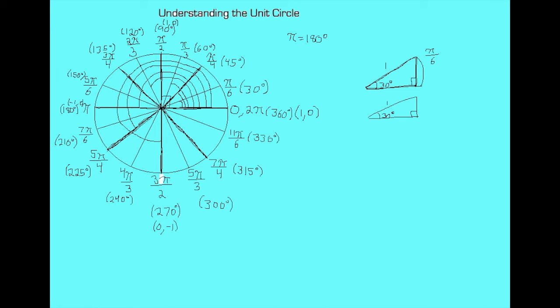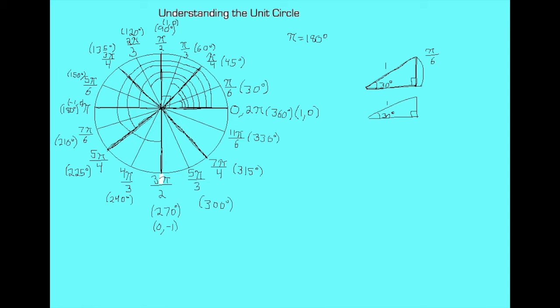Now, to understand this part of the video, you will need to be familiar with special right triangles, meaning you will need to be familiar with 30, 60, 90 triangles and 45, 45, 90 triangles. If you are not familiar with those, please look at the video linked below on special right triangles.